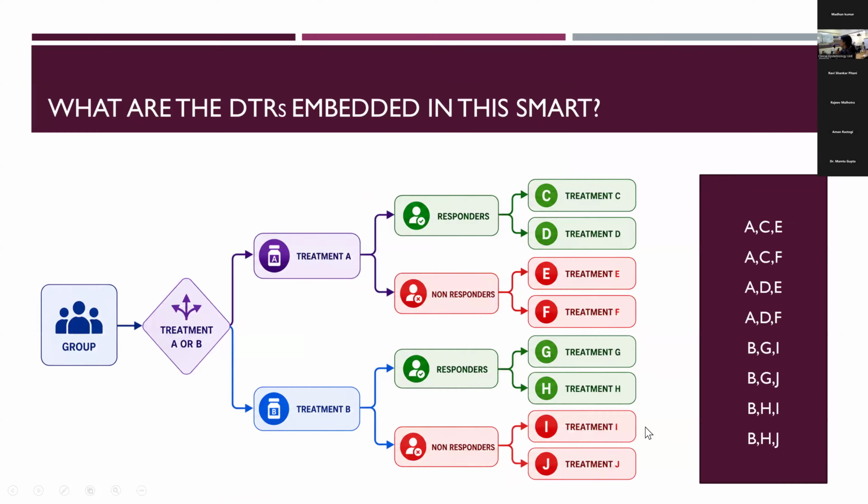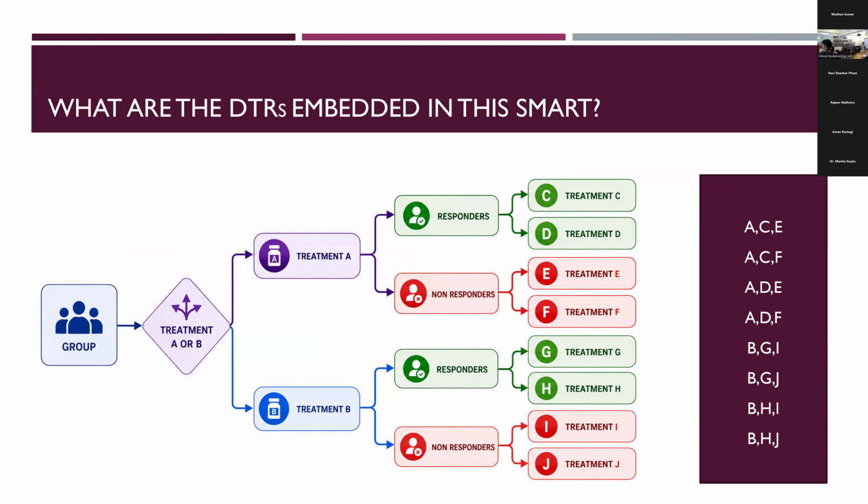Okay, so I was talking about the adaptive interventions or dynamic treatment regimens that are embedded in this SMART. It is looking at what options any one patient can go through.